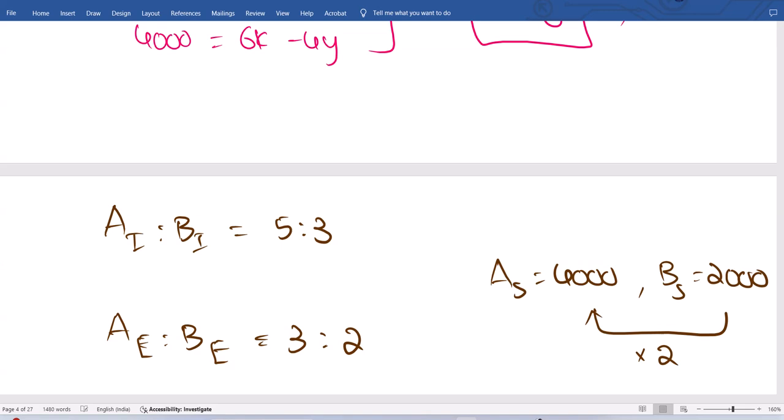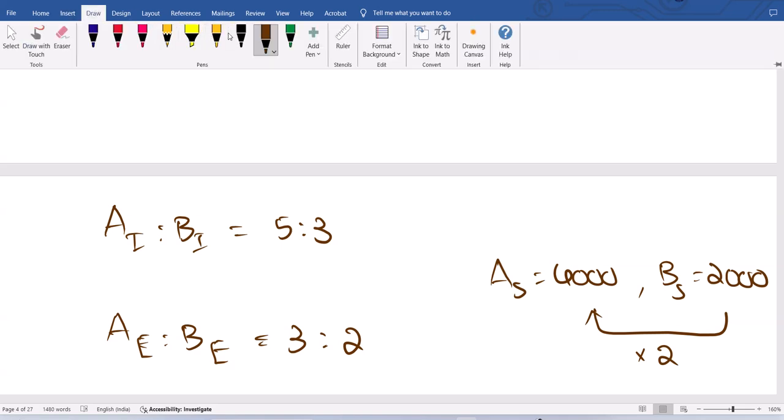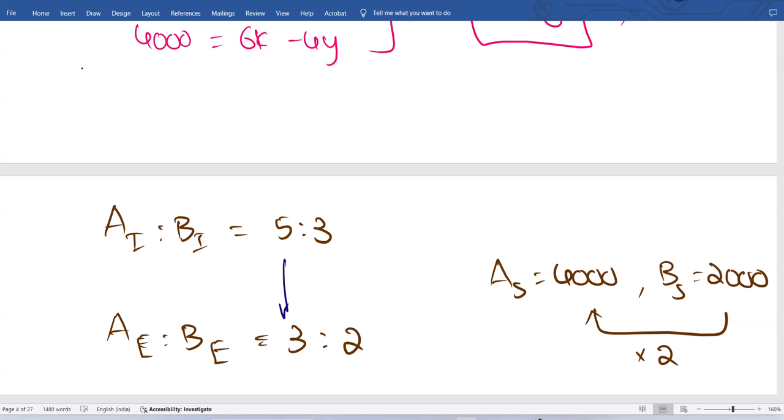A's saving is double B's saving. In some questions both will be equal. If you refer to your booklet, there is a question related to incomes and savings where they mention savings are the same, meaning both are equal. But here the savings of A is double the savings of B. Now listen directly. Savings is income minus expenses, right? What is the difference between 5 and 3, and between 3 and 2? Here A is double B.